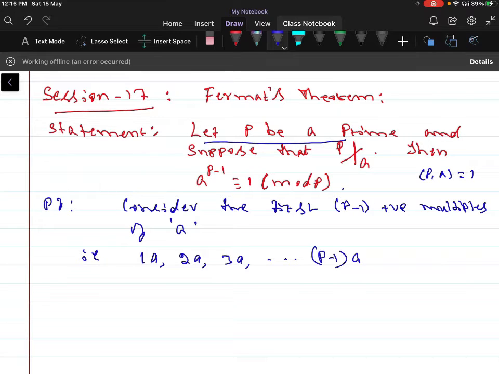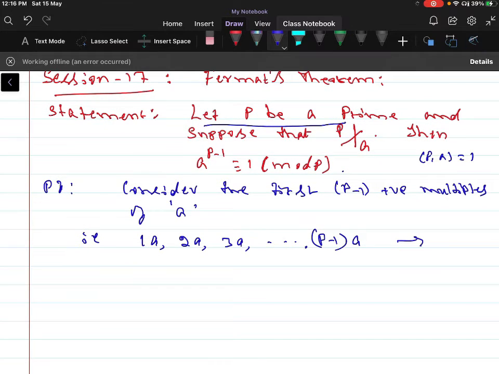We consider first P minus 1 multiples of A, that is A, 2A, 3A, and so on, P minus 1 into A. So let us call this equation 1.